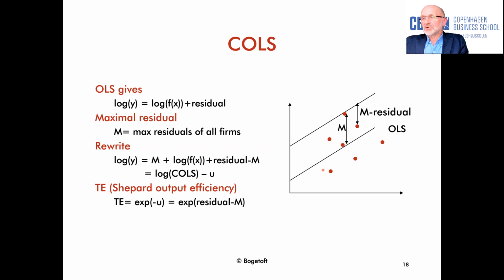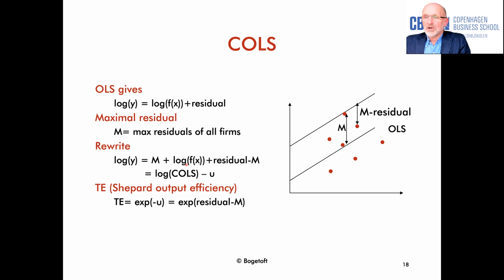You do an OLS, and then you look for the point that has the maximum residual, which in this case is this firm here. It has the largest difference down here. So now you lift this one up: you take the OLS and you lift it up with M.